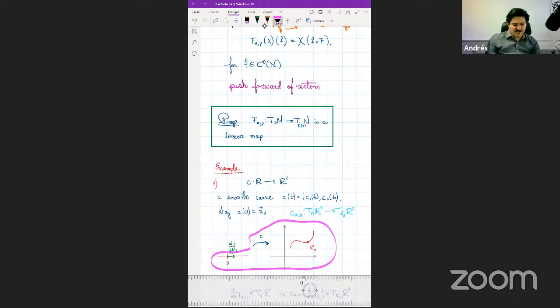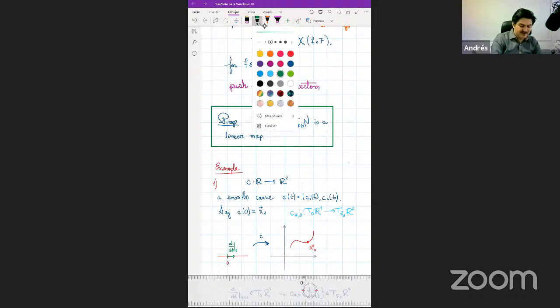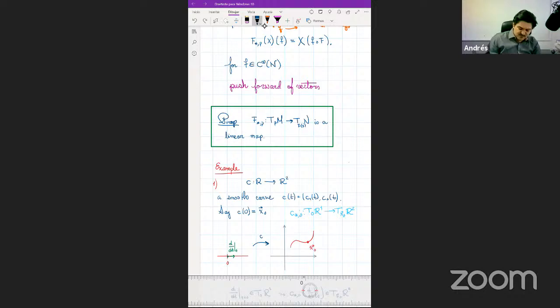You have a curve, and then you take the derivative, and usually you will say that, okay, so I will get the tangent vector to the curve.